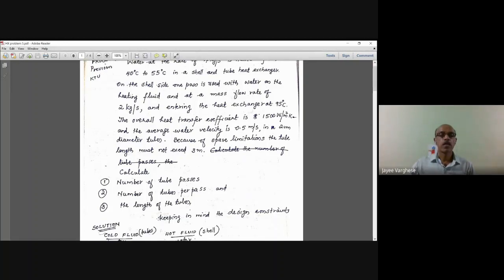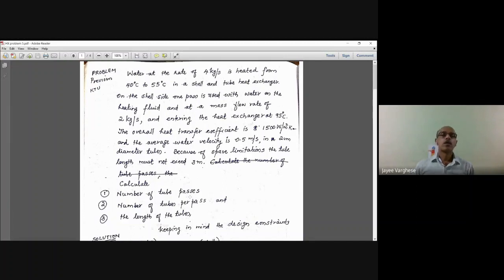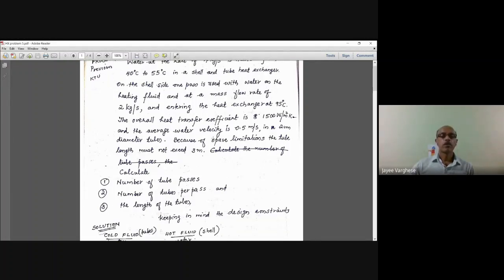The questions are: calculate the number of tube passes, number of tubes per pass, and the length of the tubes. These are the three questions. So keeping in mind there are design constraints specified in the problem, we will try to collect the data given in the problem.